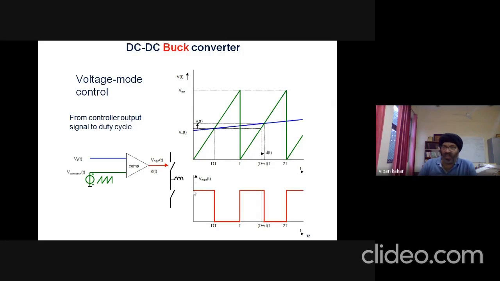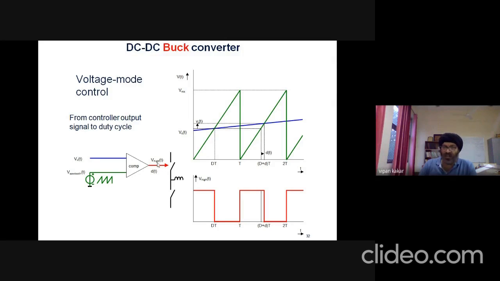So it means we have a pulse width from 0 to dt. And at this crossover point at dt, now this sawtooth rises above the control voltage. So when sawtooth rises above the control voltage, we have zero voltage at the V high.